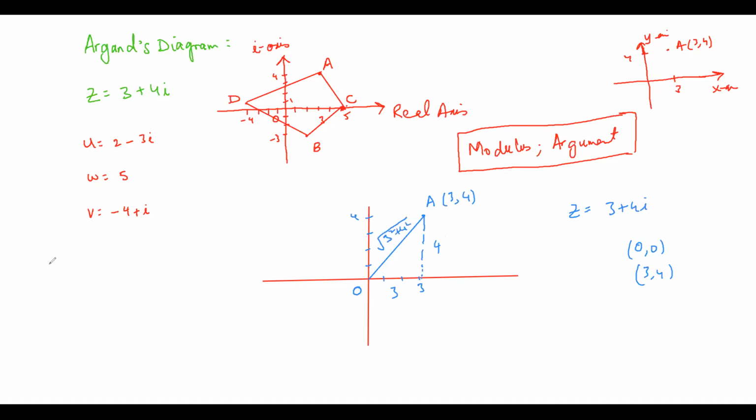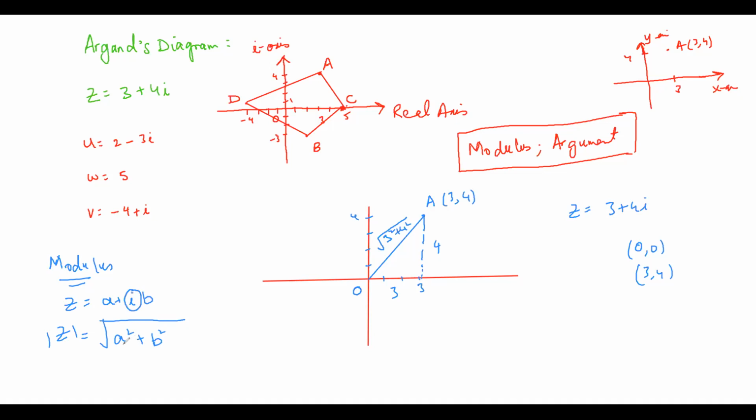So for the modulus, please remember, suppose there is a complex number z which is a plus iota b, then the modulus of z would be the square root of a square plus b square. Now there is a very common mistake over here, that when people find this modulus, they include this iota into it.